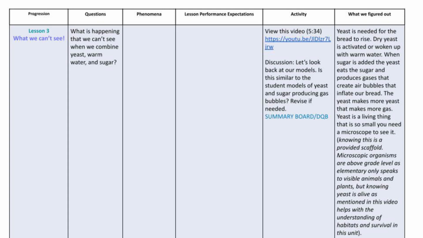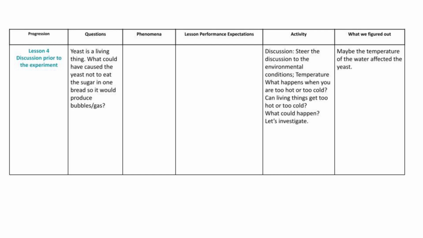But we can begin to ask about other better known invisible organisms, and how their environment affects their survival. A natural progression may lead you to this lesson in the storyline, centering around specific discussions about how temperature, which happens to be a measurable environmental concern, may affect the yeast's ability to digest the sugars and create the bubbles that are found in our breads.